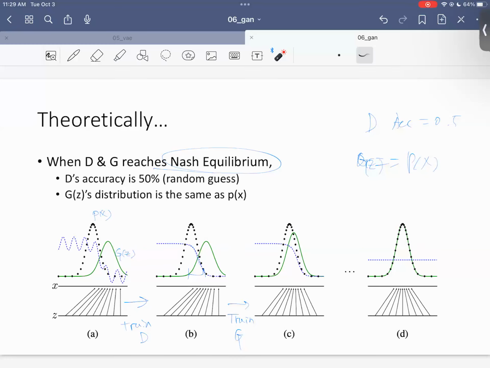If D is a perfect discriminator and it reaches accuracy of 0.5, then we might have reached Nash equilibrium. But D is not always a perfect discriminator because G could also over-dominate D. So it's very tricky to see when Nash equilibrium is reached just by looking at the loss value or D's accuracy. It's very, very hard to know. So in the end, you just look at the fake images with your own eyes, and if you're satisfied, you stop training.